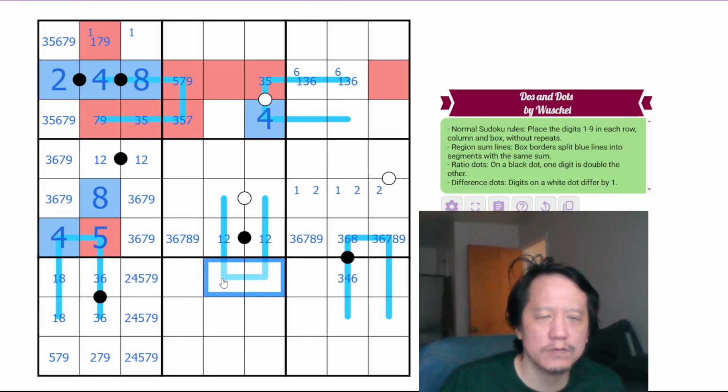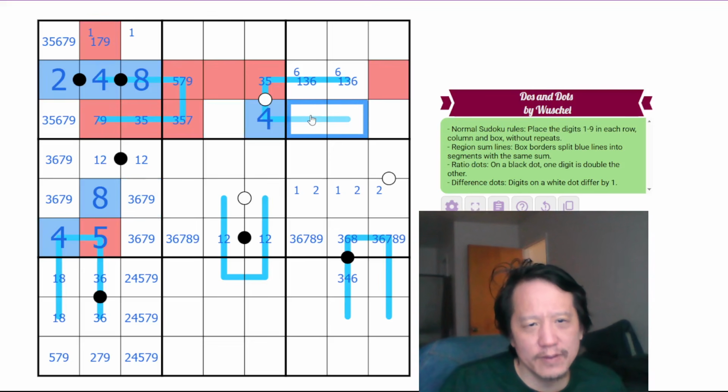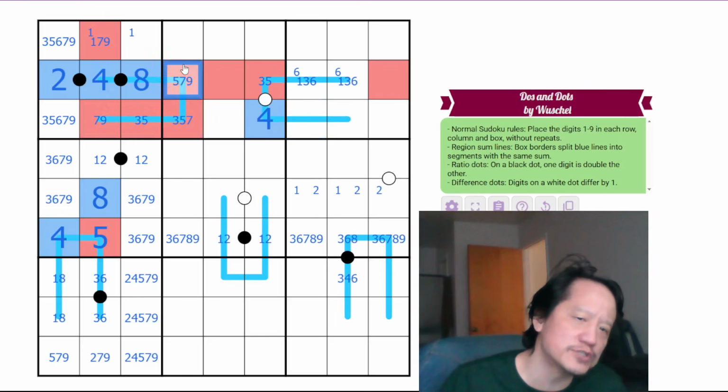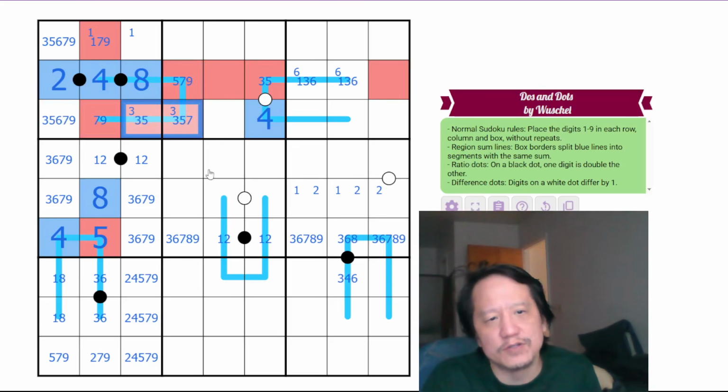Well, we went down that path and we found a contradiction. I'm not sure how else to prove this. Okay, so we're guaranteed either this is 3 or 9, or this is 3 and 9. Either way, one of these is a 3.